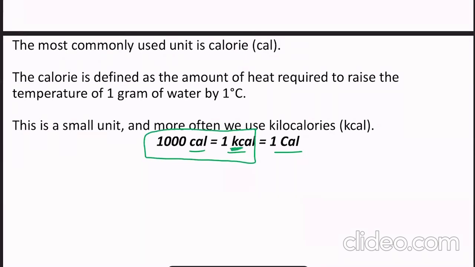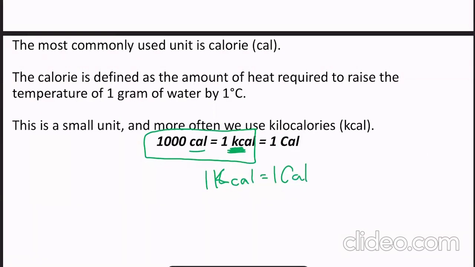So 1,000 calories makes 1 kcal. But I think chemists got a little bit lazy, and they didn't like writing the K, so they turned the C into a capital, so that 1 kcal is equal to 1 Cal, right? Like, how lazy can we be, right? We need shortcuts for everything we do, right? My wife agrees.